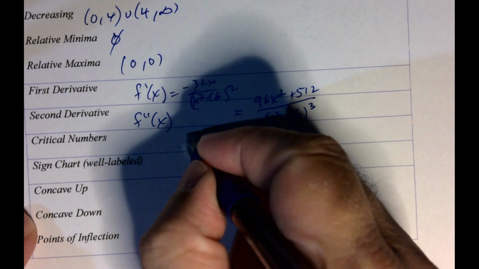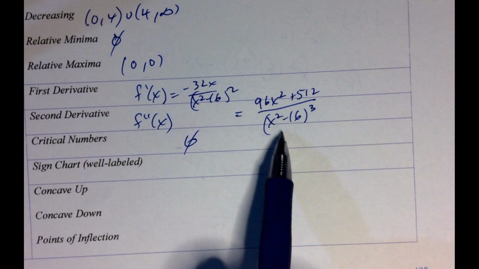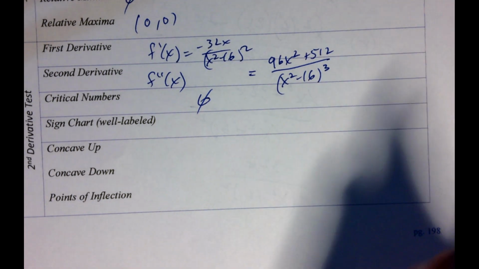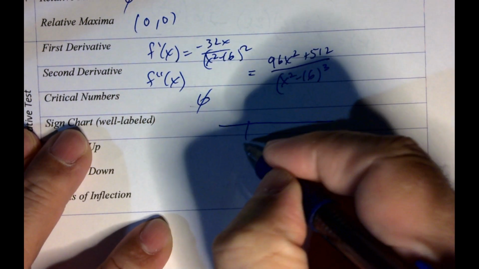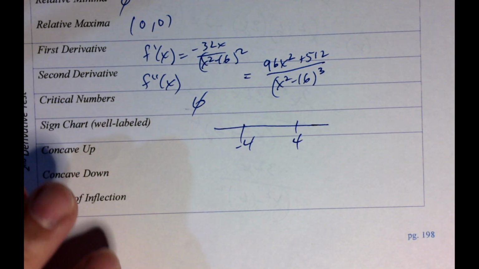For a fraction that equals 0, you don't have to look at the numerator. Now, you could argue that it's undefined at plus or minus 4, but plus or minus 4 are not in the domain. So those aren't considered critical numbers. However, you still need to make them part of your sign chart. So the only two numbers on the sign chart are those points of discontinuity, negative 4 and positive 4.